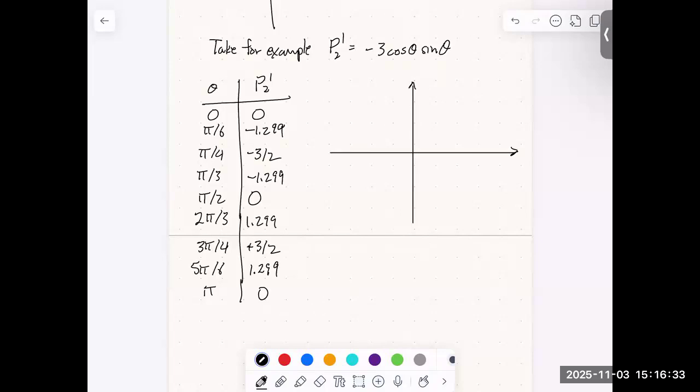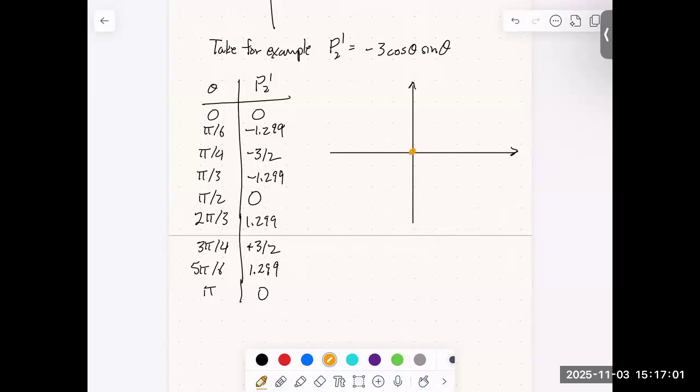So what I'll do is I'll go to an angle of 0. An angle of 0, if I measure from the horizontal axis, is a point on this axis. And so we're going to get 0 there. And then I go to an angle of pi by 6, that's 30 degrees. And I say, well, the length of my vector is 1.299.